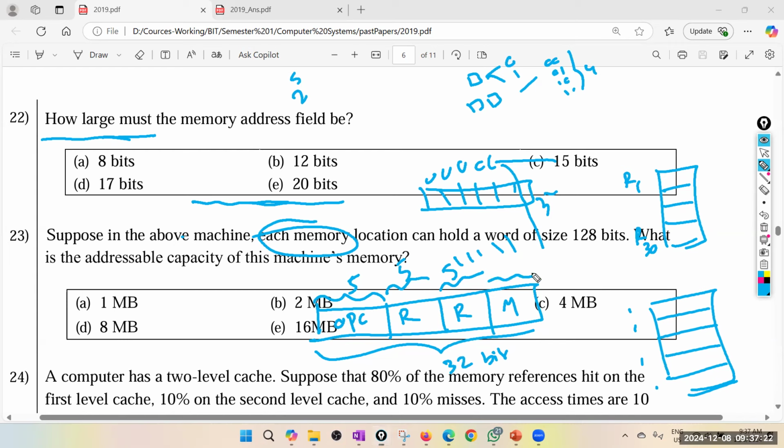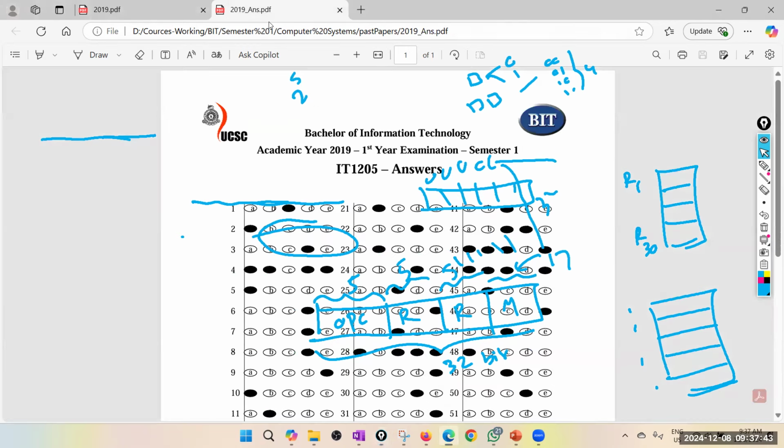The rest can be used for the memory address. So 32 minus 15 is 17. So therefore, the rest of the 17 bits, we can use for the memory address. So the answer must be 17 bits. 22, D. Yes, the answer is D.